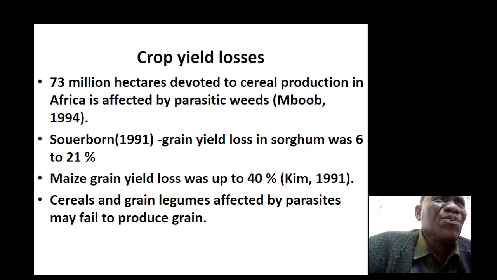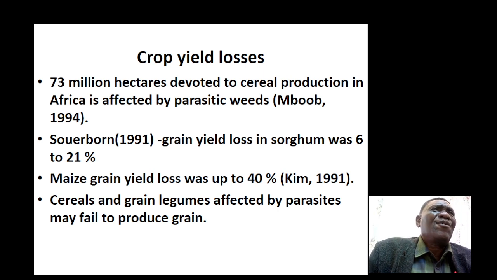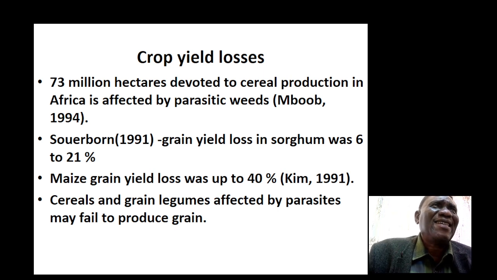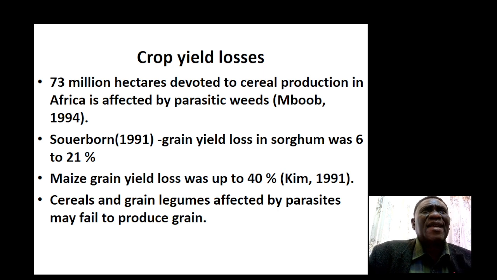Now, according to Mbwa in 1994, he indicated that about 73 million hectares, which were devoted to cereal production in Africa, were affected by parasitic weeds. So, in areas where cereals are grown in Africa, there's a potential of them being parasitized.